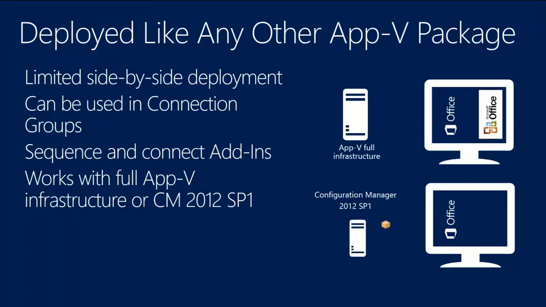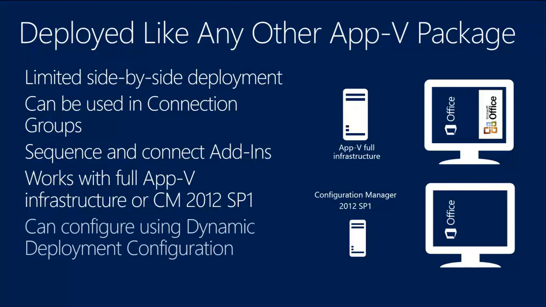You can use your Office 365 package either through your full AppV infrastructure or using Config Manager 2012 SP1. And finally, as if you attended Matthias's talk earlier, and I'll also be showing a little bit more of this, you can configure your Office packages using dynamic deployment configuration. I'll be talking a little bit more about that in a few minutes.